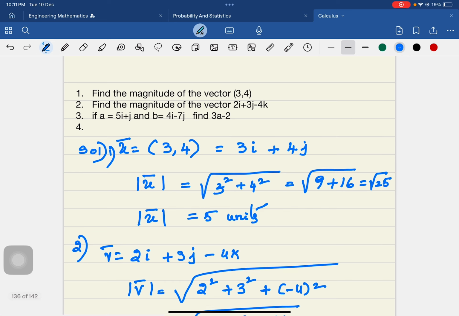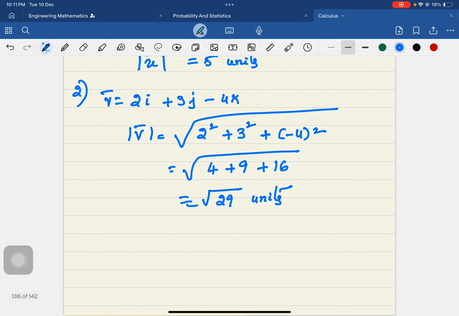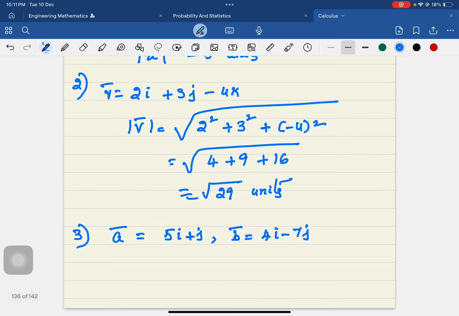So now the next question is, if a bar is 5i plus j, and b bar is the vector given by 4i minus 7j, what was asked to find out is 3a minus 2b.